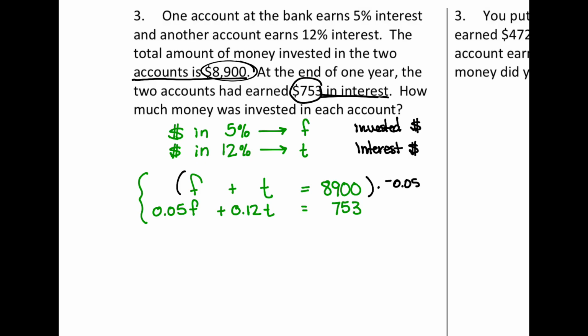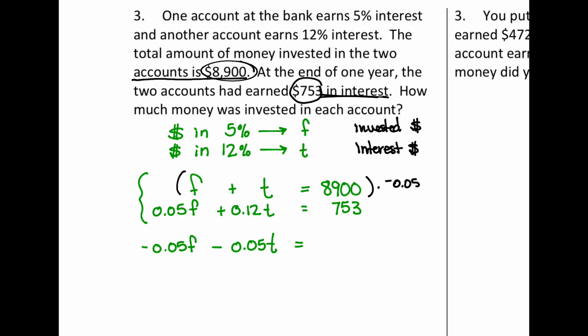So my new first equation now becomes negative 0.05f, and actually, let me move that over so it lines up better, minus 0.05t.